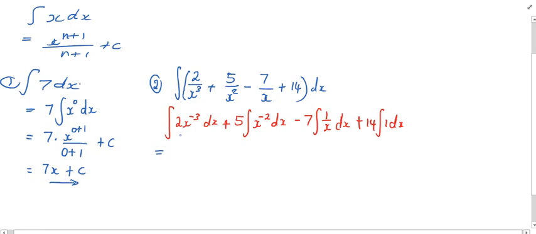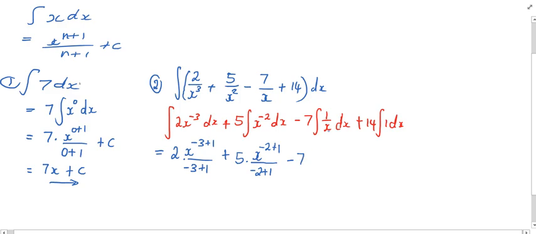Right. So as we integrate, we can rewrite this as 2 times x to the power of minus 3 plus 1 over minus 3 plus 1, plus 5 times x to the power of minus 2 plus 1 divided by minus 2 plus 1, minus 7.